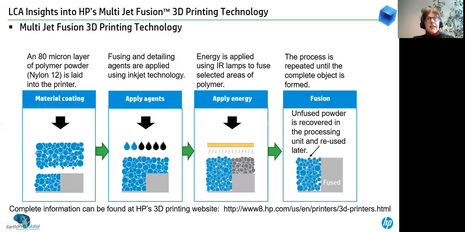As I said, it's a little bit different technology. You have a bed that can hold multiple parts. The bed then has a layer of material put down, in this case nylon 12 resin. Then some agents were applied, and an infrared lamp is applied to fuse where the resins are applied.